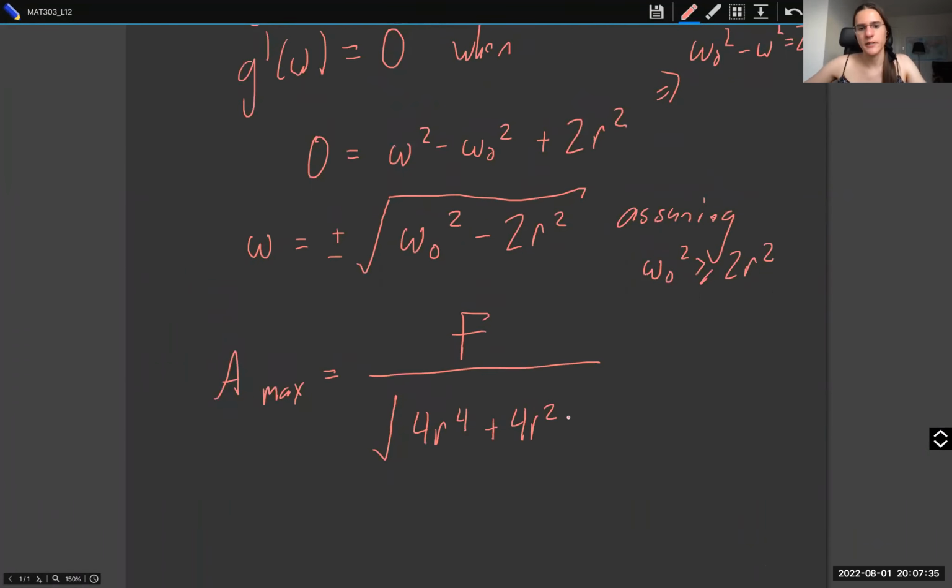Omega squared is equal to omega naught squared minus 2R squared, right?